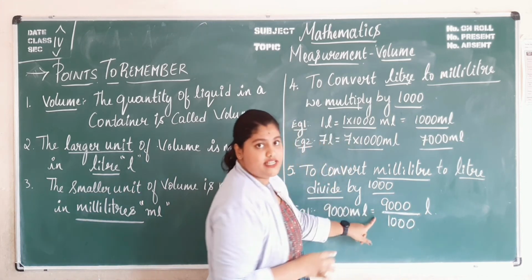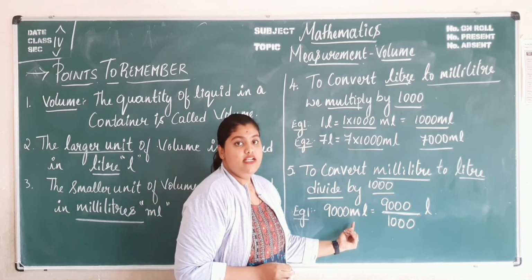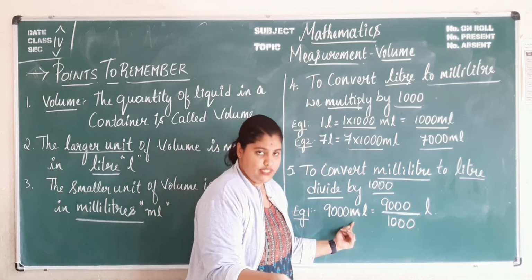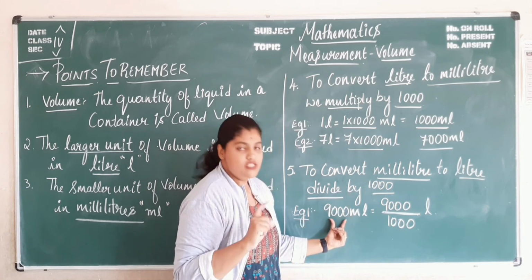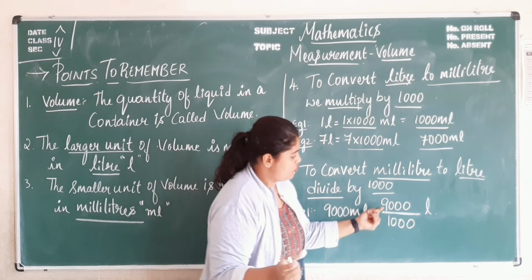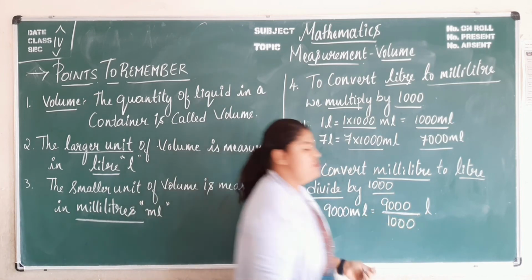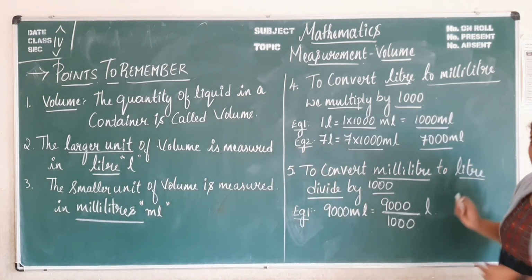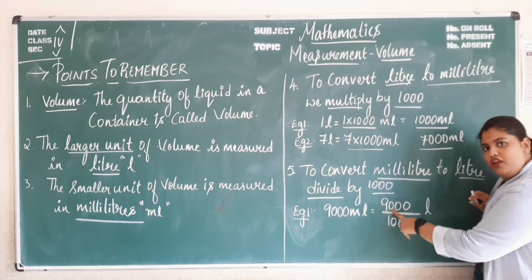We have done such calculations in the previous chapters, right? Yes, 9000 milliliter we are converting into liters. So we have to divide by 1000. So I wrote 9000 divided by 1000. We used to count the number of zeros in the denominator and the numerator.